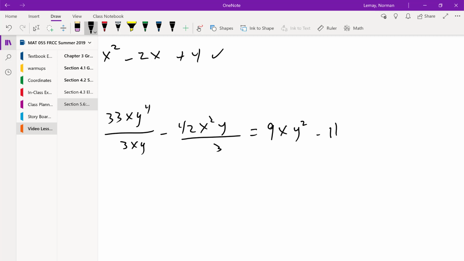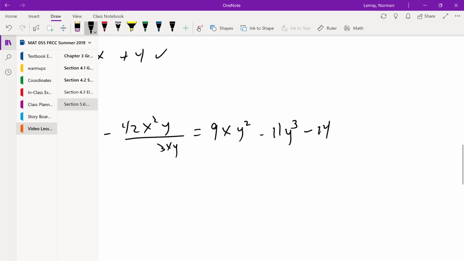So notice here that the x's will just drop out, so those will divide away. And then here we get y to the fourth, and again this is to the first power, so 4 minus 1 is 3, so we get y to the third power, minus, now we take a look at 42 divided by 3, looks like that's going to be 14. And notice, oh, this should be an xy, I think I forgot the xy here, yeah, 3xy.